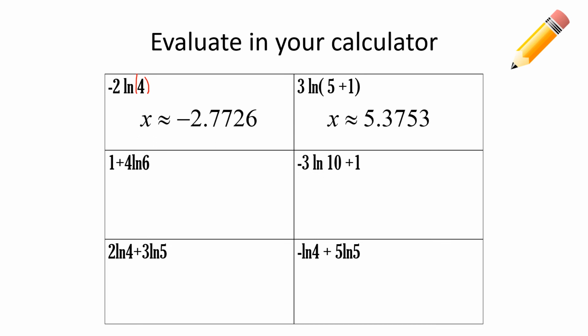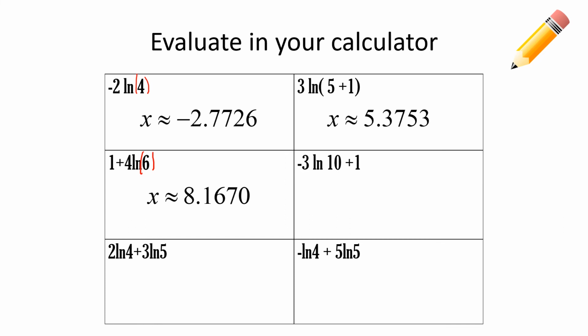And if we move on to the next one, we have 1 plus 4 ln 6, so that's what it's going to look like in your calculator. Type it in exactly as you see it, and you should get a decimal that's 8.1670. Next problem.